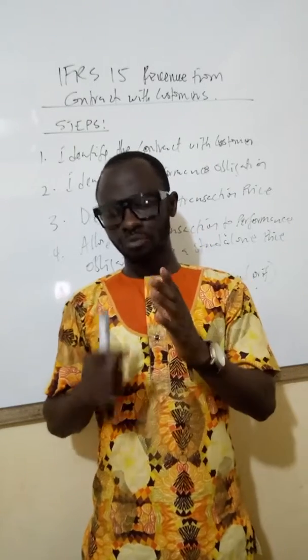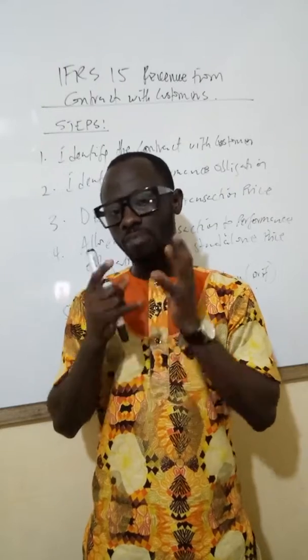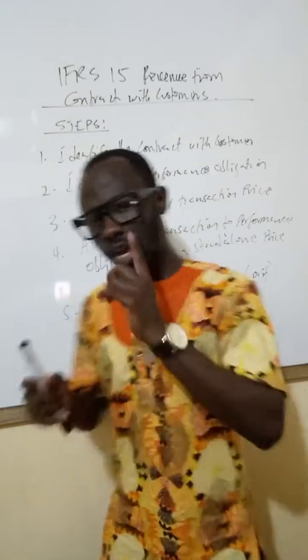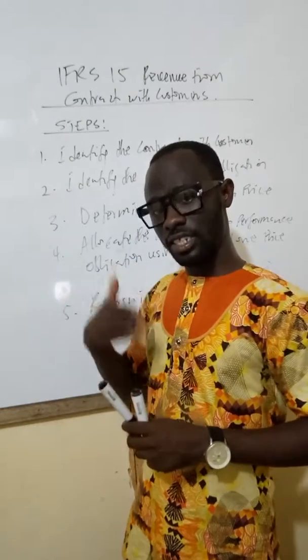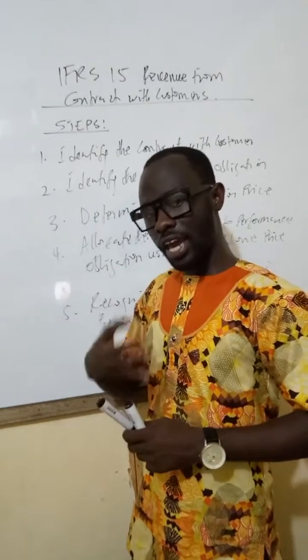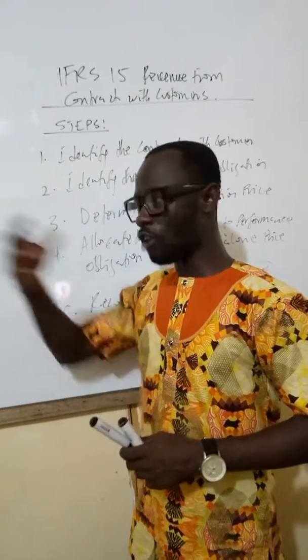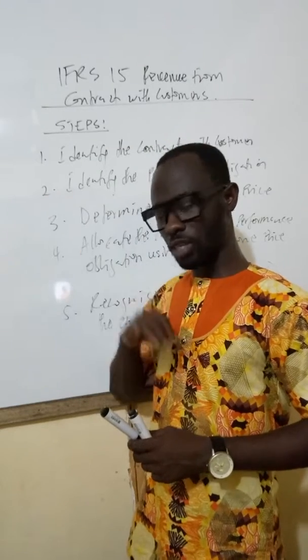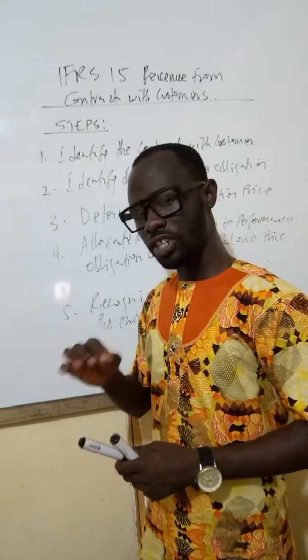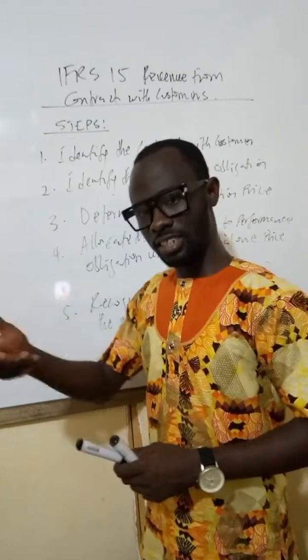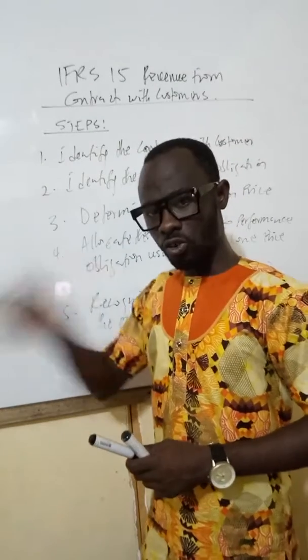So here, when we look at the performance obligation, we are not looking at what the customer is doing, rather we are looking at what the entity is going to do. From the telecommunication firm's perspective, we know that when the contract is signed, the telecommunication firm will provide a handset or an Android phone to Akosua.